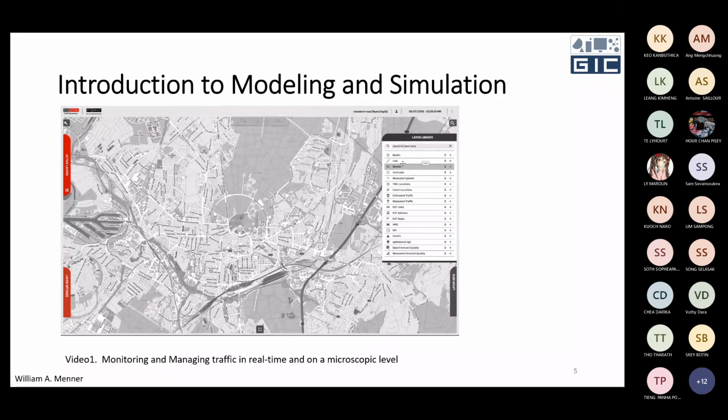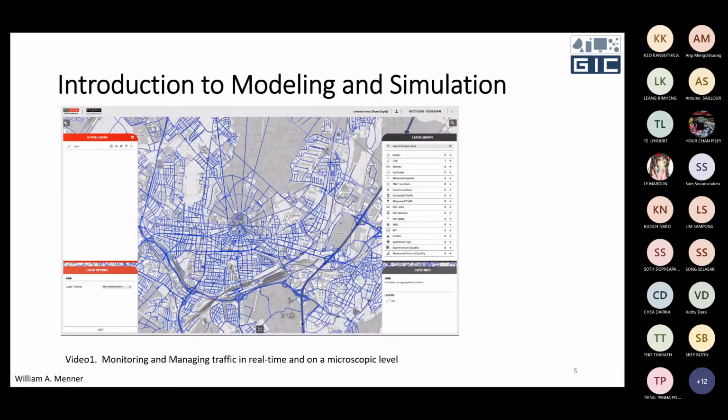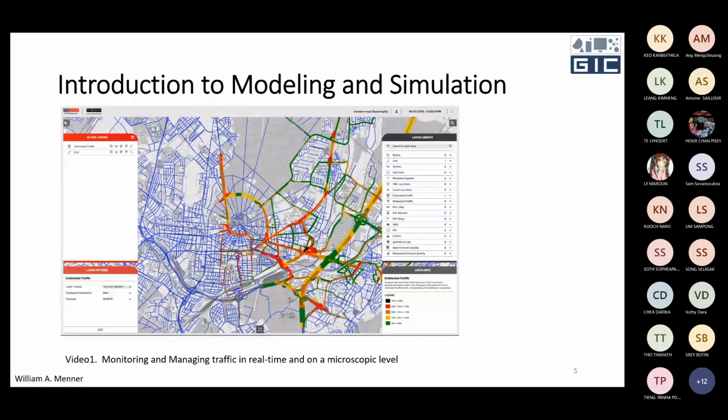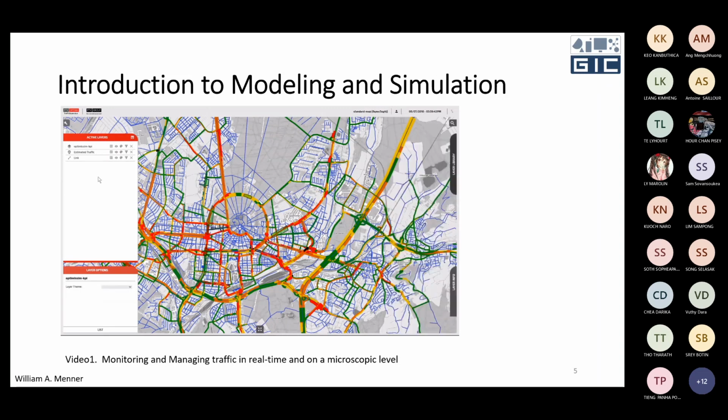In this case, they use one tool in order to evaluate the traffic in the system. First of all, they input the map of one city. After that, they detect the edges of the routes, and then they show the current traffic, distinguished by the color of the image. Then you see that, okay, from this city, you have a lot of routes.